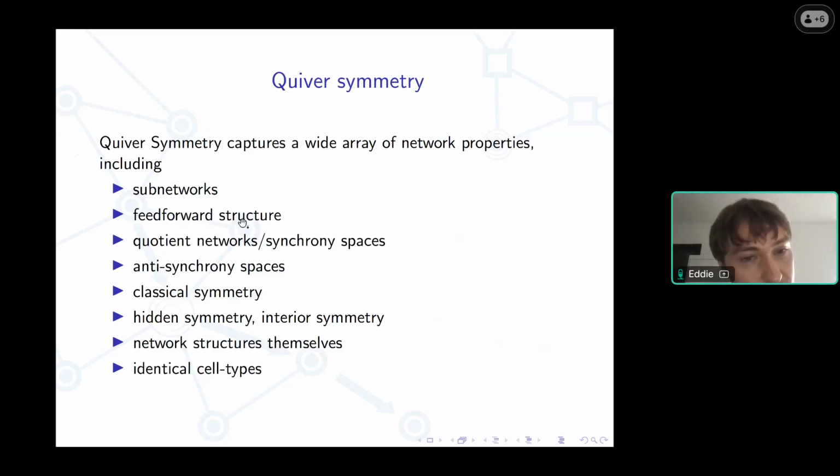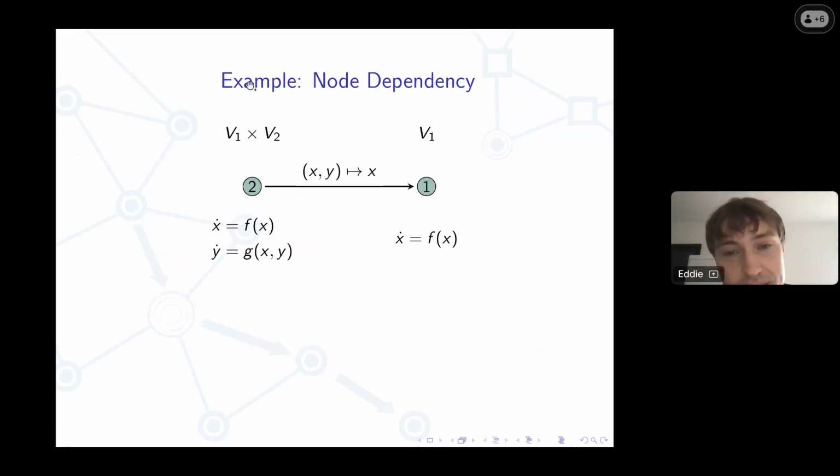So let's start with subnetworks, or maybe node dependency. Here's the exact same example that we looked at before. But in this case, instead of R2 and R, I've just taken two vector spaces, and here I've taken that same vector space, but this is still heuristically the same map.